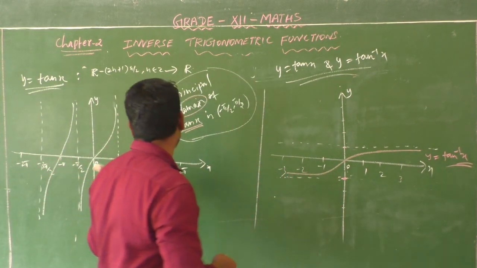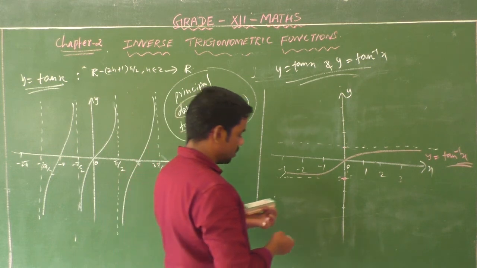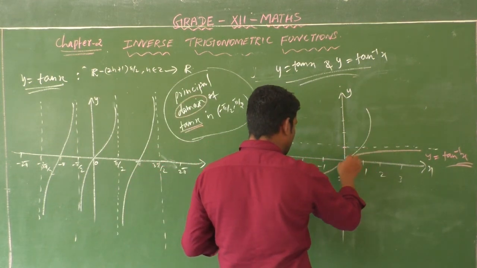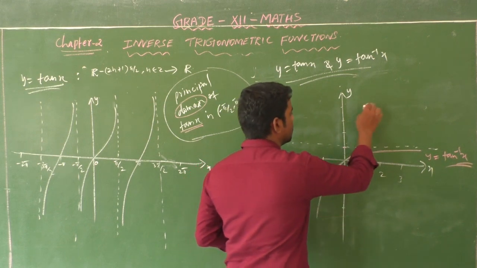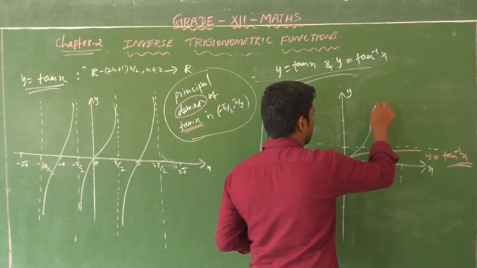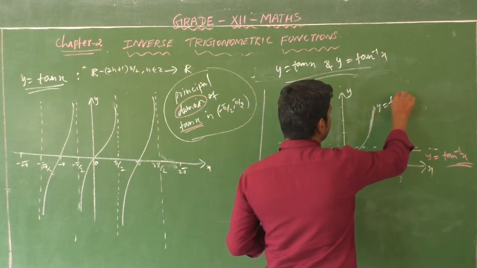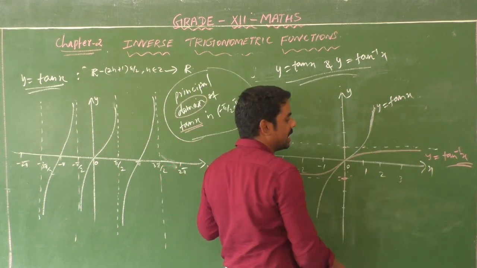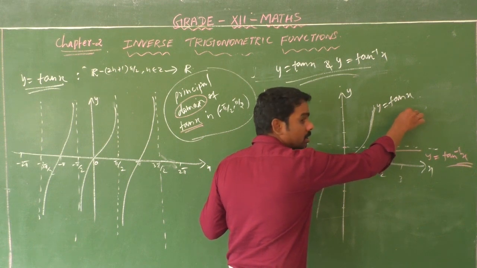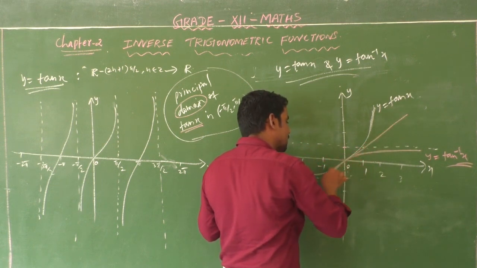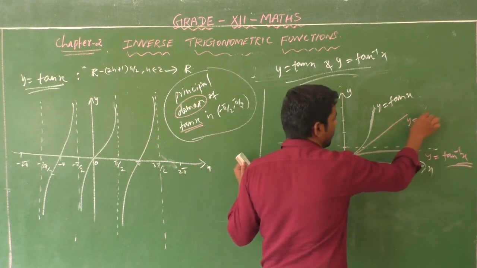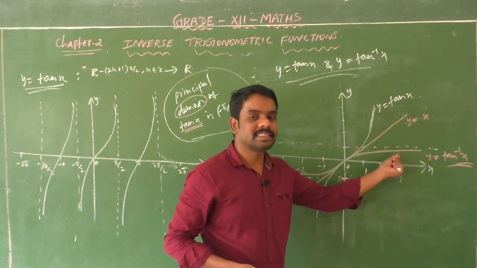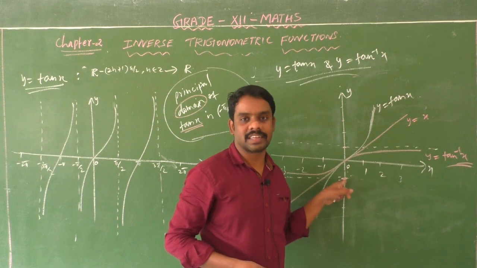So these two curves y equal to tan x and y equal to tan inverse x are symmetric about the line y equal to x.